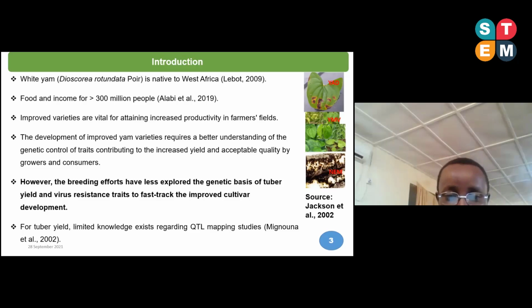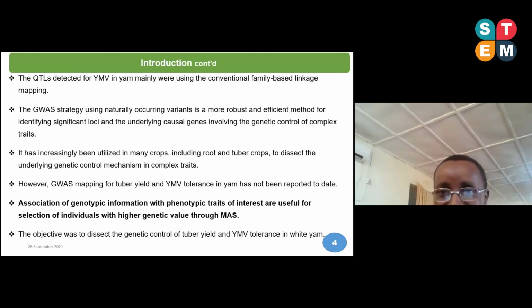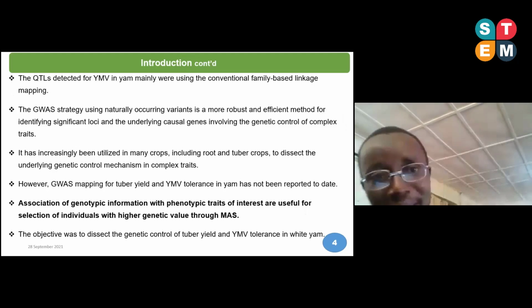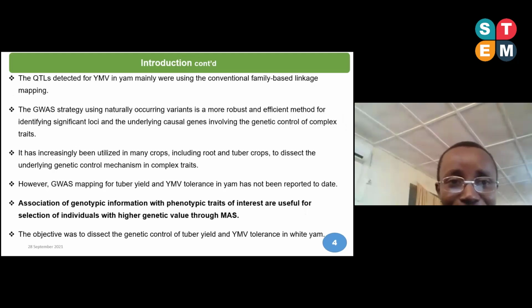For tuber yield, limited knowledge also exists on QTL mapping studies, according to that author. They have used conventional family-based linkage mapping to detect the QTLs for YMV.